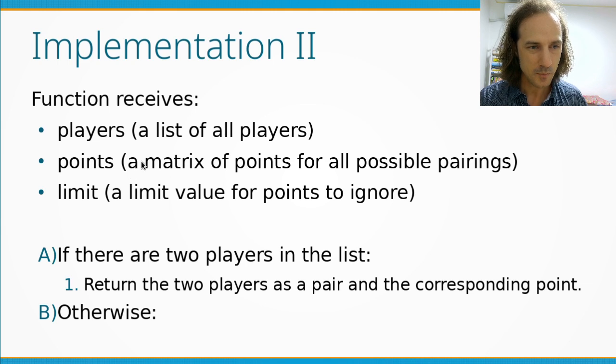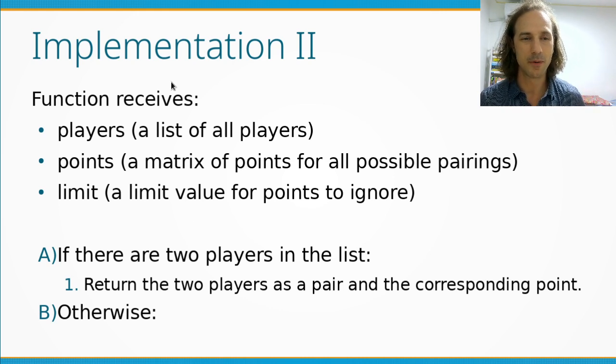And I will also use this point matrix to indicate players who have played against each other. So I won't check every time whether they played against each other. If they already played against each other, they will just get a ridiculously high point value, so the system will default to avoid making that pairing.